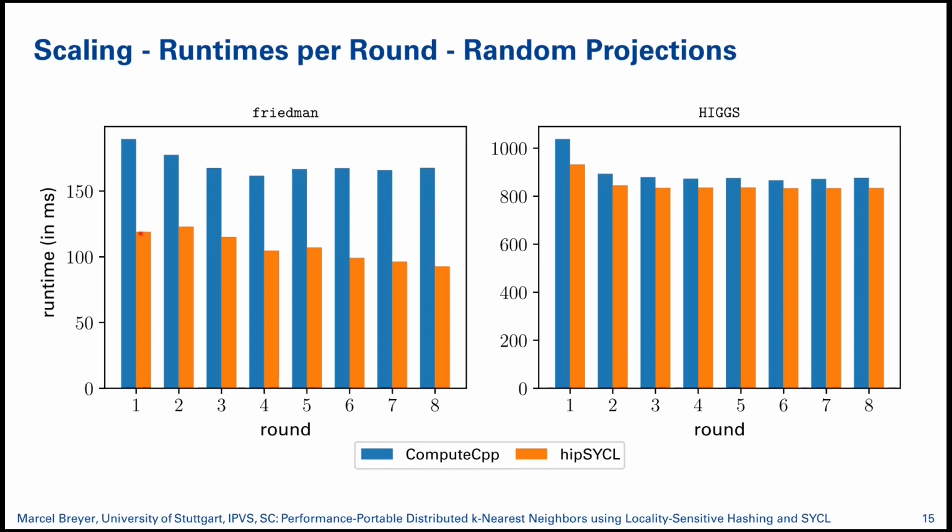They need approximately 50 milliseconds less runtime. Even when using the Higgs dataset, HIPSYCL has less overhead compared to Compute CPP, which can be explained by the fact that HIPSYCL directly uses CUDA, while Compute CPP is based on OpenCL.